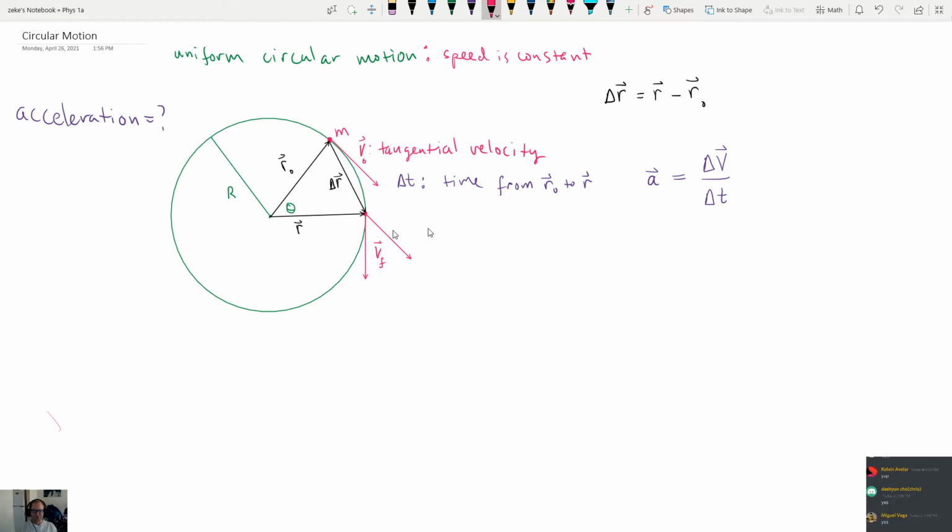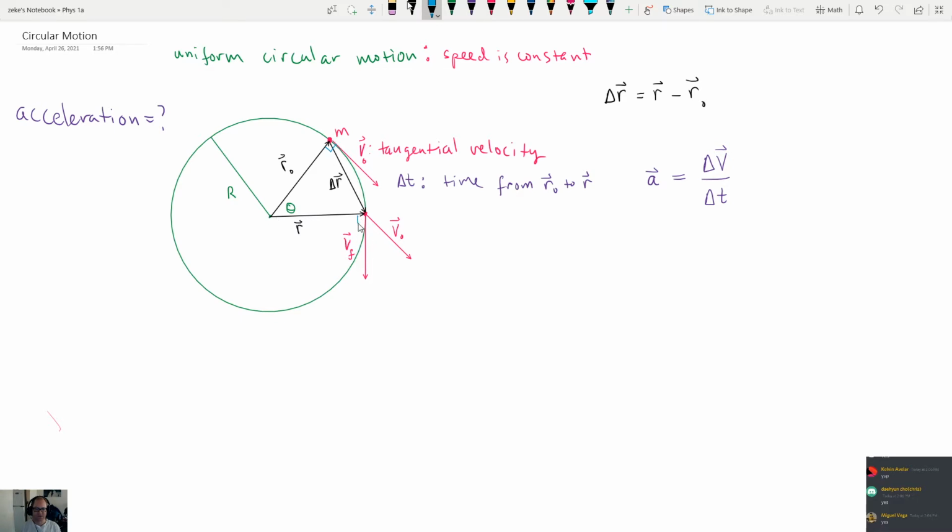So when I shift v initial over to here, so this is now v initial. Maybe if I labeled it v final on the other side, it'll be easier to see what's going on. Okay, so we have v initial and v final. If this is a right angle right here, and it has to be because a line drawn from the center to the edge of the circle, if I have a tangential velocity vector, there's going to be a right angle between the radius and that velocity vector.